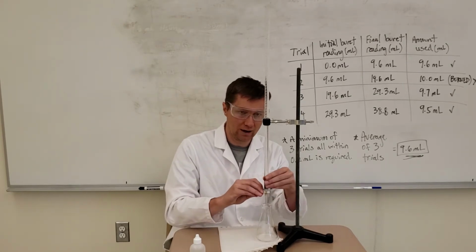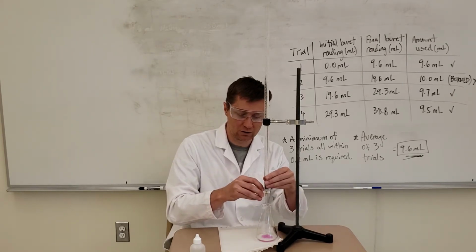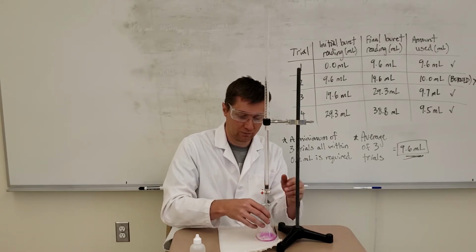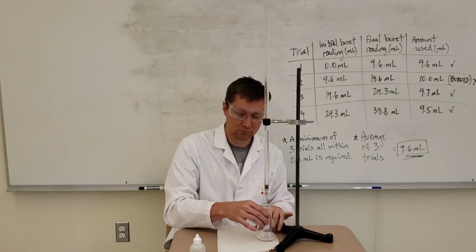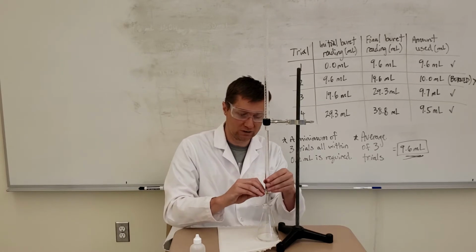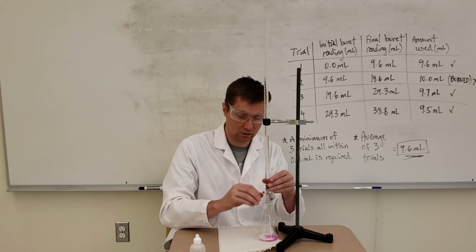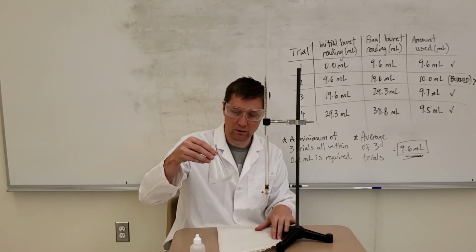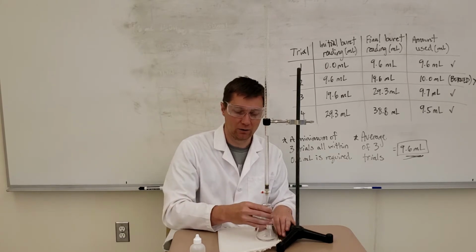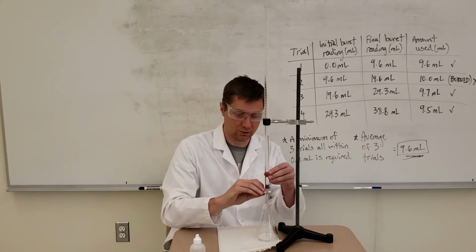You can kind of add a bunch here at the start, just because the first little bit is going to react quite quickly. But once that pink takes a little bit longer to disappear, then you know you need to slow down the addition of your titrant to your sample.